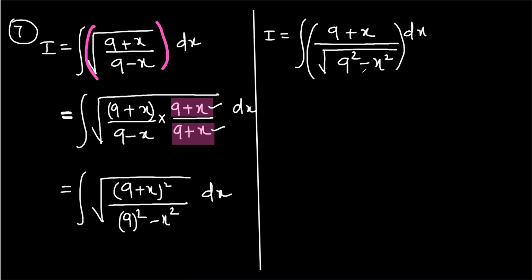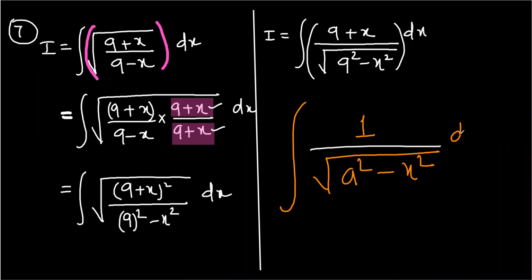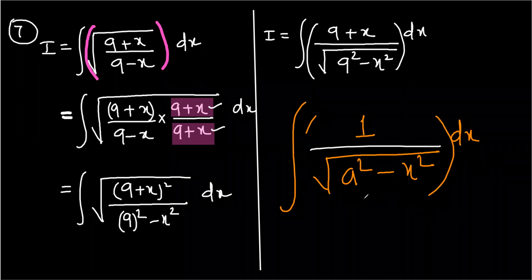Okay, so the denominator, you notice it is in the form constant square minus variable square. It is in the form square root of a square minus x square. But remember, students, we cannot apply the result because the numerator needs to be 1 in order to apply the result.